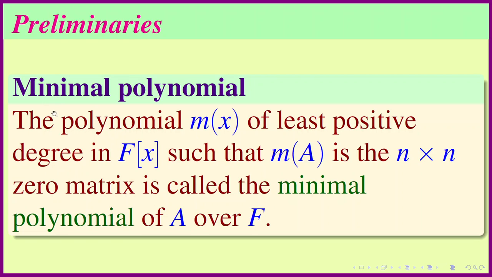And the minimal polynomial is the polynomial M(x) of least positive degree in F[x] such that M(A) is the n cross n zero matrix. The Cayley-Hamilton theorem confirms the existence of such an M(x).